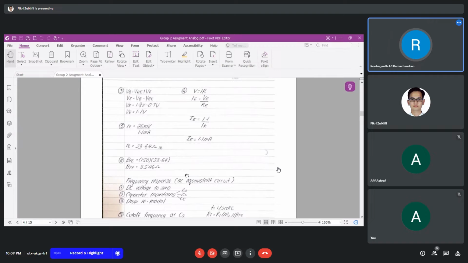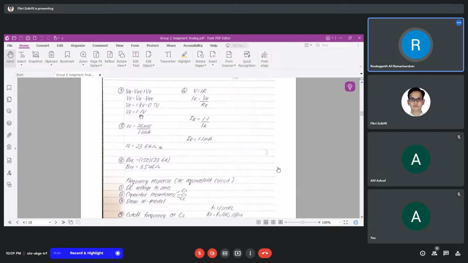Next, using VB, we need to find VE, where VB equals VBE plus VE, so VE equals VB minus VBE, which is 1.8 volt minus 0.7 volt equals 1.1 volt.